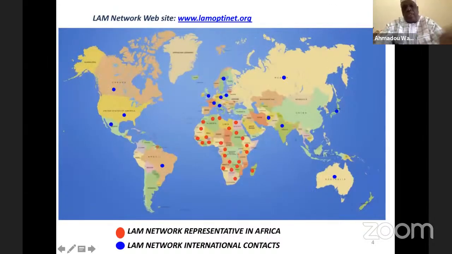This is the map showing the different parts where this network is represented. The network is also at the origin of the creation of the African Laser Center. I am an ex-officio member of the African Laser Center, which was launched in Pretoria in 2003.